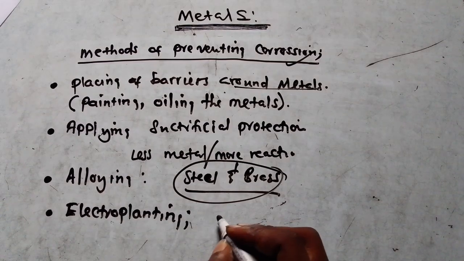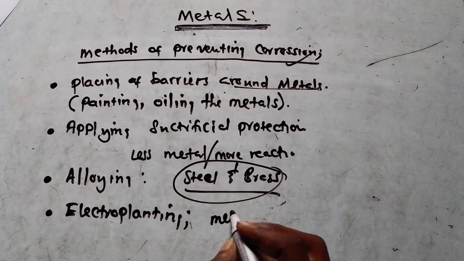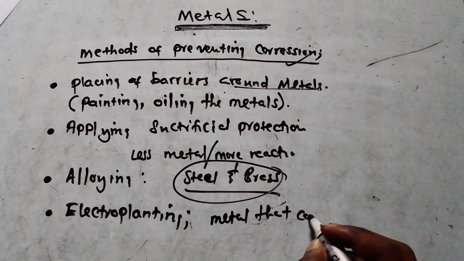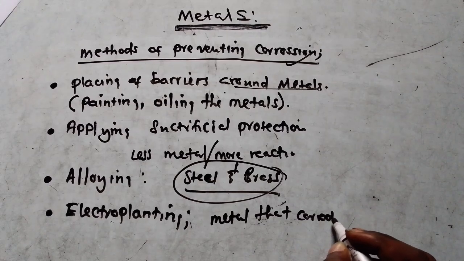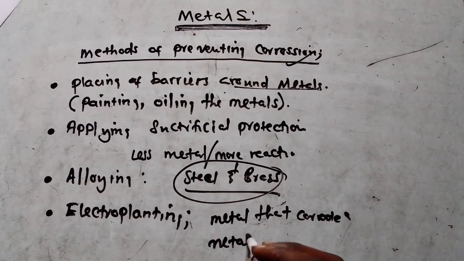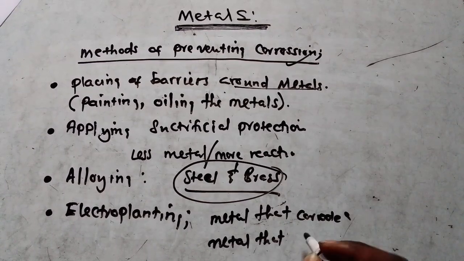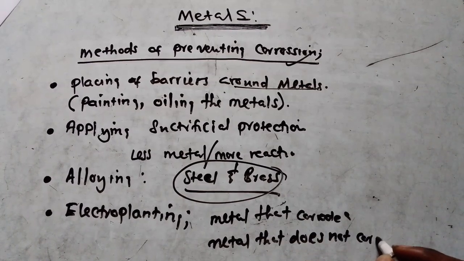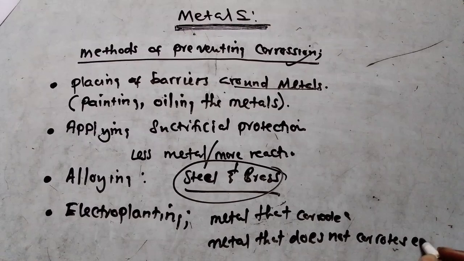Here you have the metal that corrodes easily, and the metal that does not corrode easily.